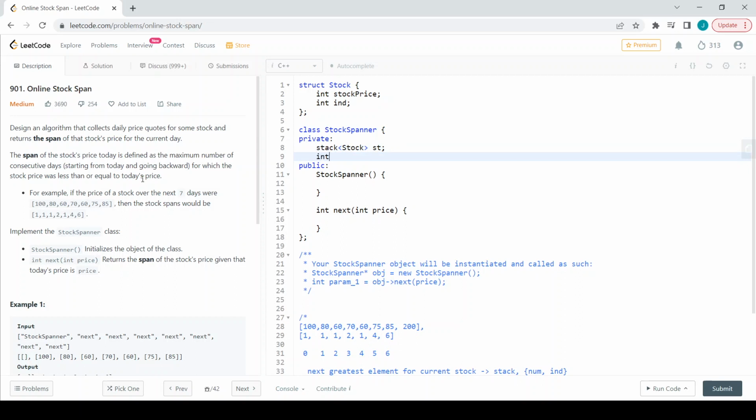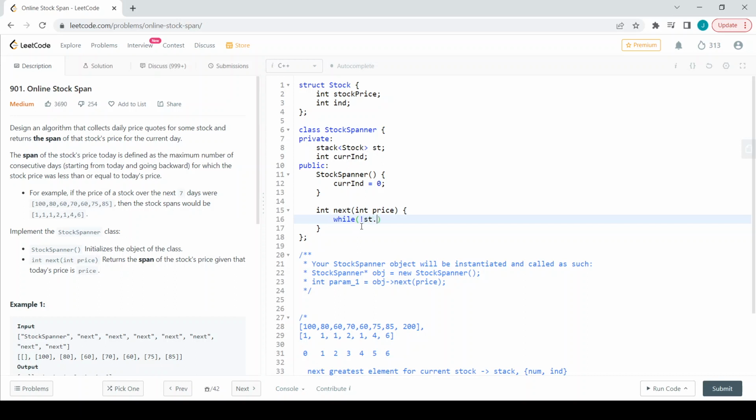I should also have another current index, which is going to increment from 0. So current index can be set to 0, and I can get the total count by saying current index plus 1. Whenever this next price is called, I want to eliminate the prices which are lesser than or equal to the current price.